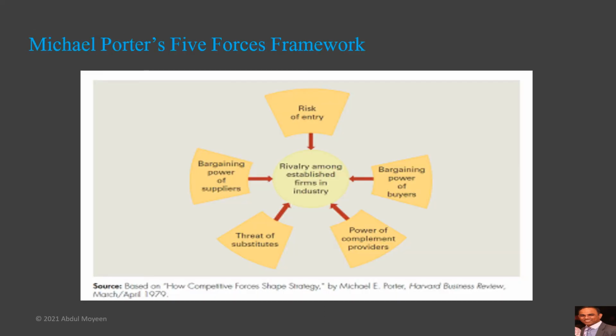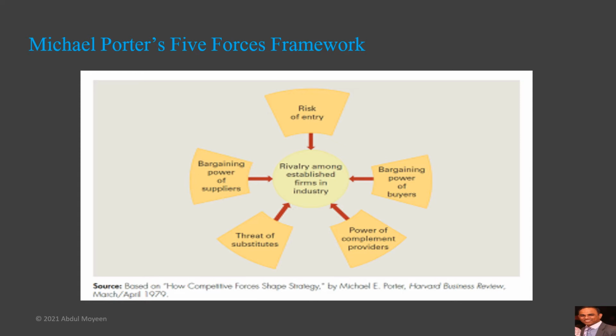This slide presents the Porter 5 Forces framework. You can see in here, in addition to the 5 forces, the other force, which is the power of complement providers, is added, which is actually the 6th force. Now, rivalry within the industry gets stronger when the 5 forces also appear stronger.